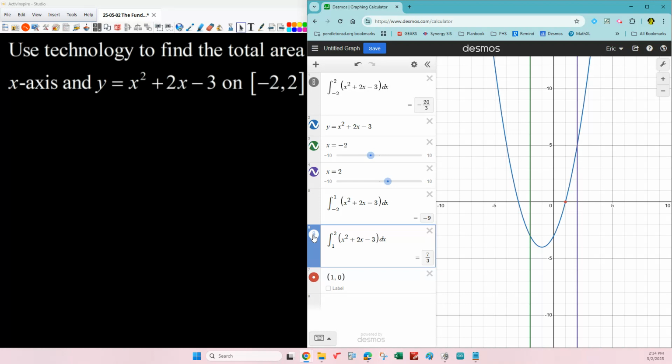If we did that, that would be like taking an absolute value of those areas that were either exclusively negative or exclusively positive. What's going to happen if I take this whole thing and take an absolute value of it? Now it becomes positive 9.